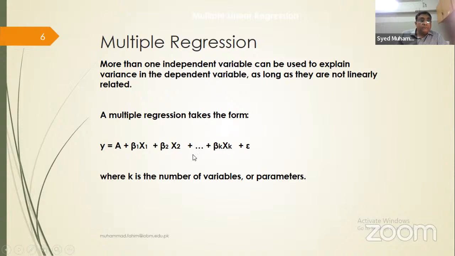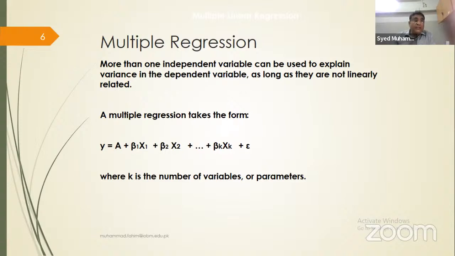But I hope we can see clearly that although there are many independent variables, x1, x2, x3, up to xn, there is still just one dependent variable. In real life situations, it is not necessary that there is only one dependent variable in a regression. There may be 1, 2, 3, 4, or any number of dependent variables.